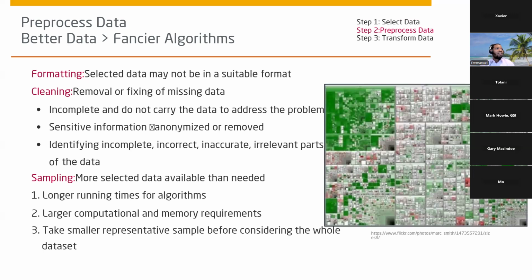And also there is the aspect of more selected data available than needed. It's true that when you have more data than needed, you have longer running times for the algorithm. But that one is debatable, because it might just be that you provide more resources.